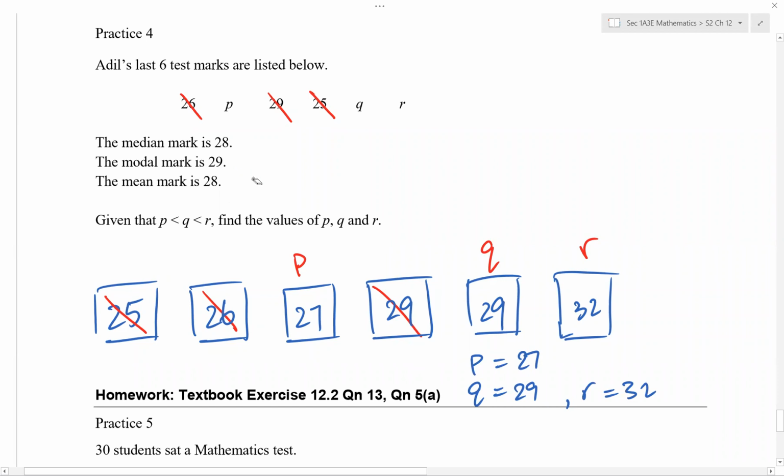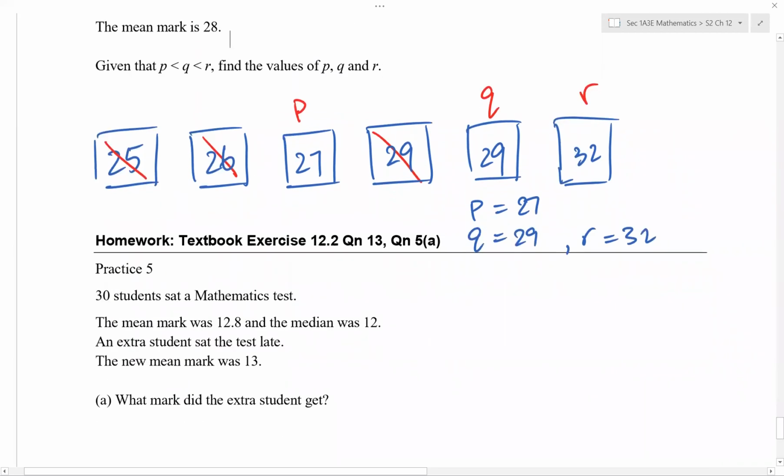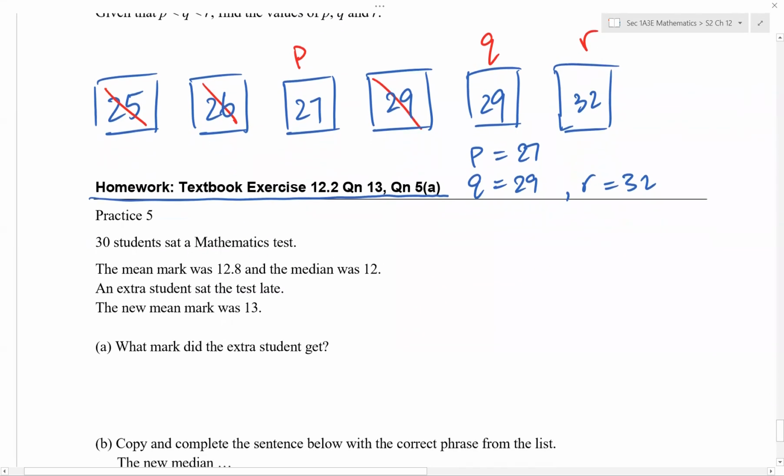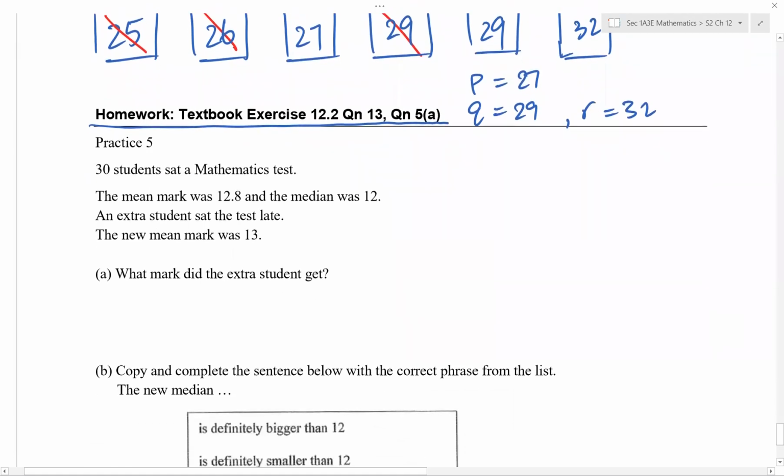And now the final question in this set of notes. By the way, the homework over here, the textbook exercise questions, continue on the same piece of postcard. So the final one, practice number 5, we've got 30 students, they sat for a test. They tell us that the mean was 12.8. Immediately you must know that when you take 12.8, you multiply by 30, you are going to get the total score, the total mark.